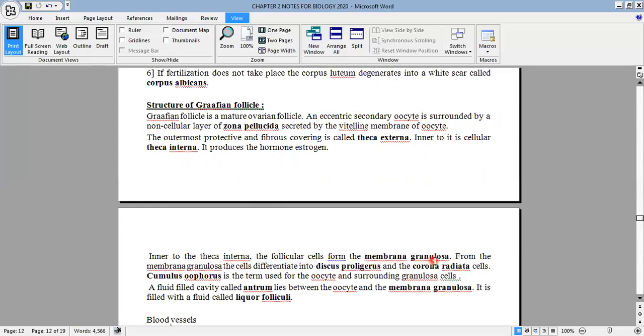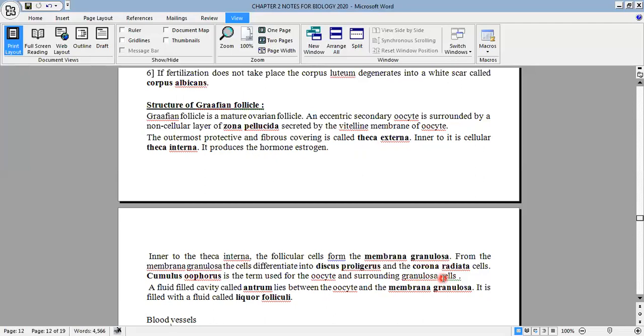Internal to theca interna, the follicular cells form membrana granulosa. Now here this membrana granulosa can be given different names. From the membrana granulosa, the cells differentiate into discus proligerus and corona radiata. Discus proligerus can also be called cumulus oophorus. Cumulus oophorus is a term used for the oocyte and the surrounding granulosa cells.